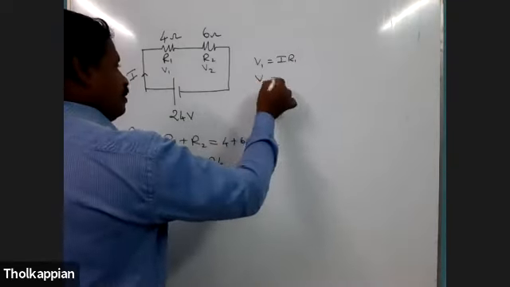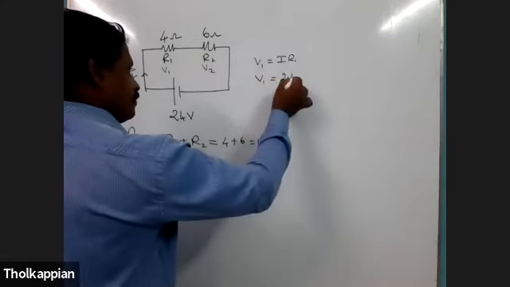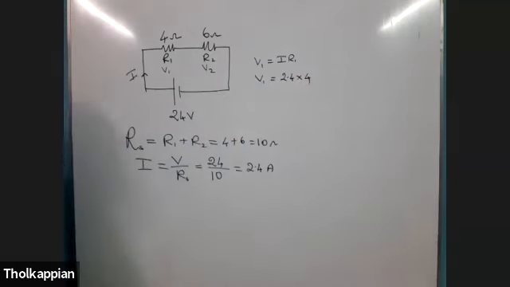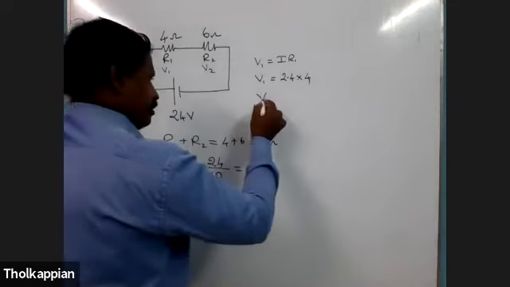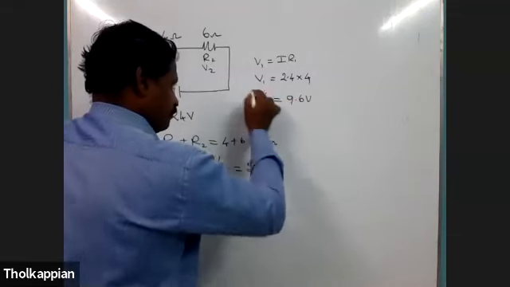That is V1 is equal to I value 2.4 and R1 value 4. So 2.4 into 4 is equal to 9.6 volts. So V1 is equal to 9.6 volts.